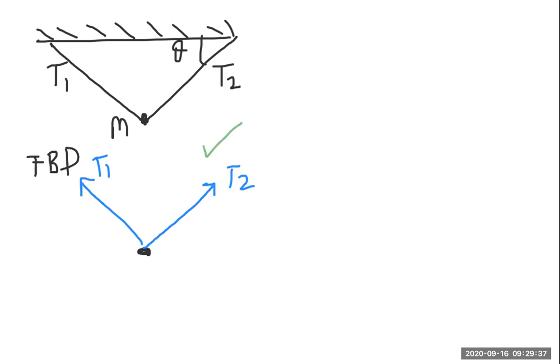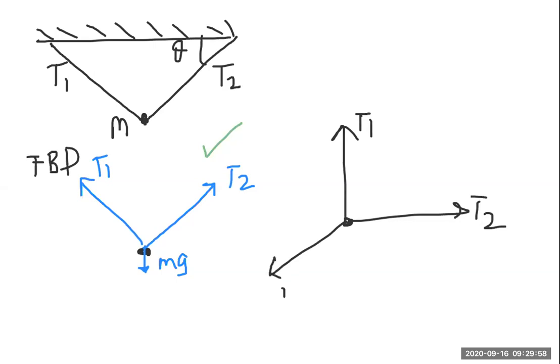But if you draw mg, but if you draw, let me do it here. If you draw T1, T2, mg, then this is incorrect.